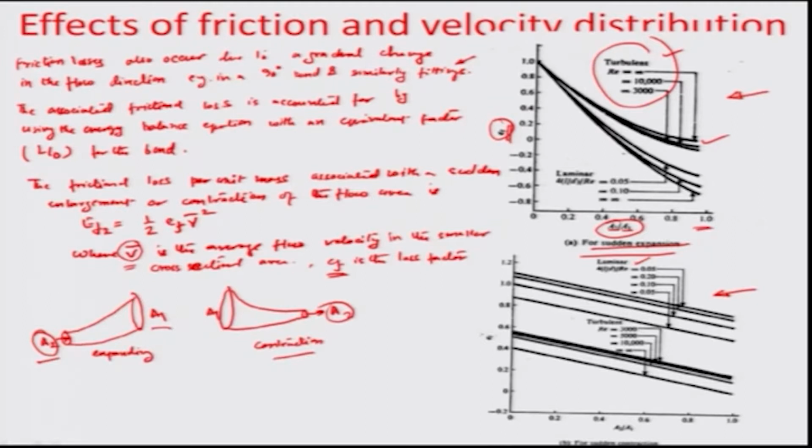The same thing happens for Reynolds numbers which are in the laminar zone. So, the L by D term which is coming here particularly for the laminar flow case, you have to remember, this L and D are the length and diameter of the smaller cross section.